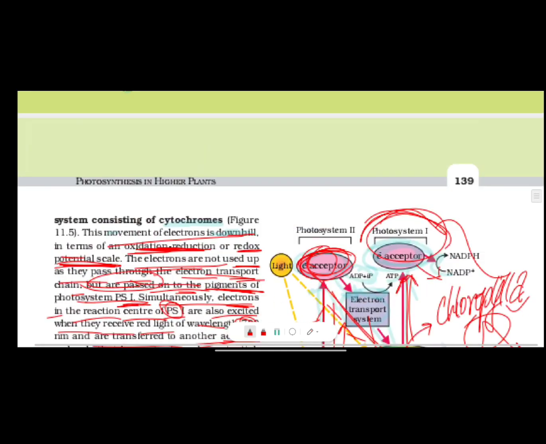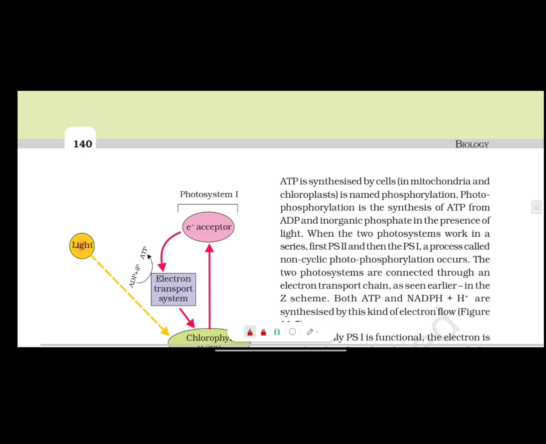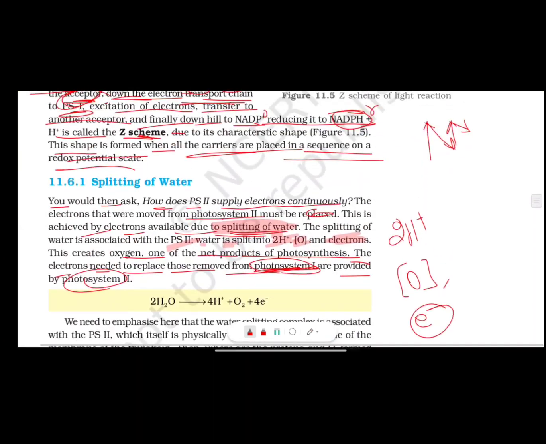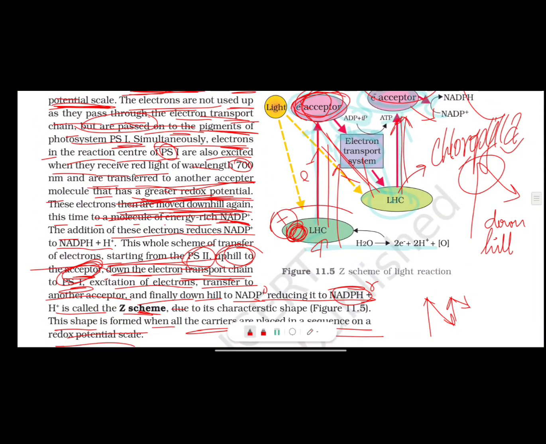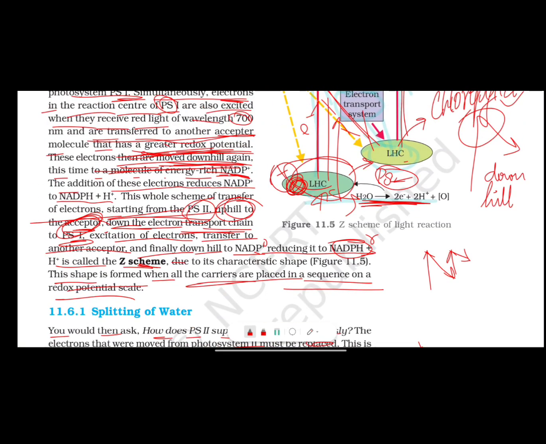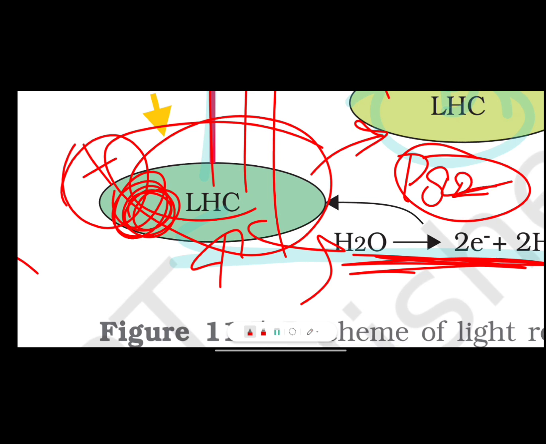So in conclusion, the electron from this one will be replaced by the water, okay, and who will give electrons for this? PS2 will give for this. Keep in your mind, PS2 will give. Not clear? You can try this.